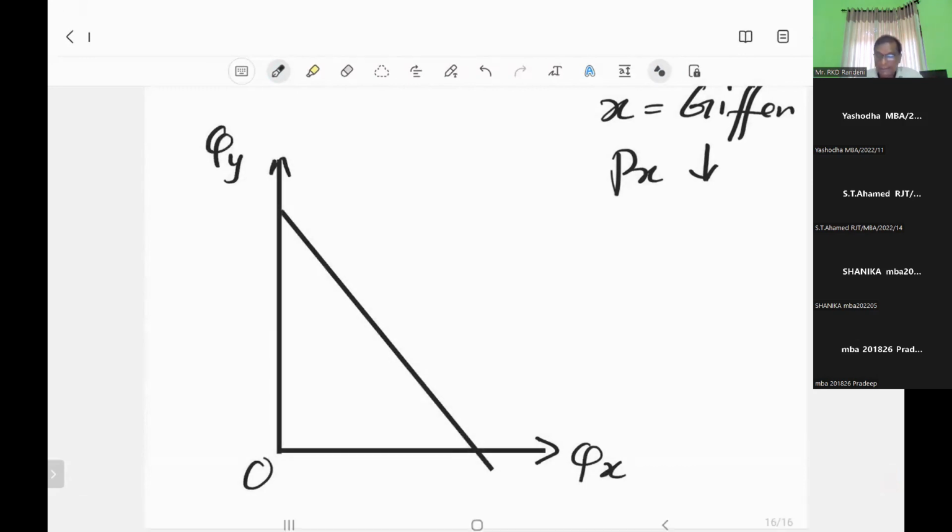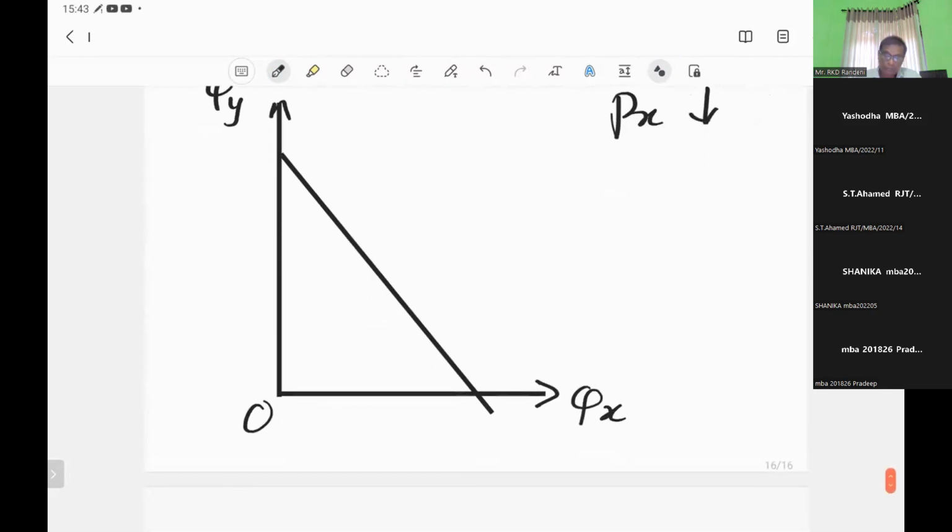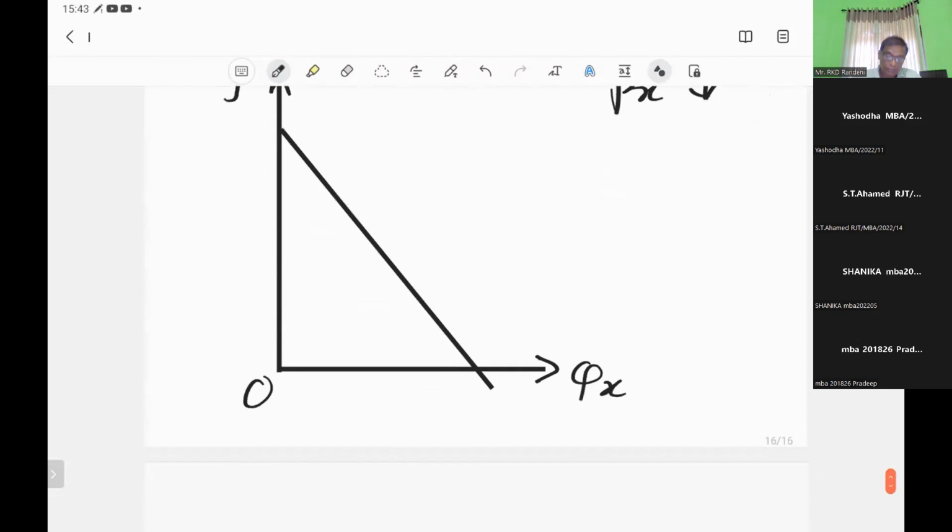Budget line. According to indifference curve 1, this is the tangent point.